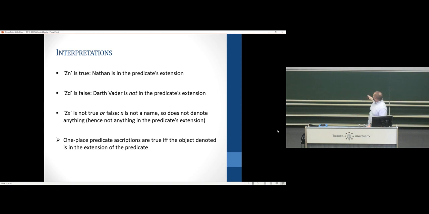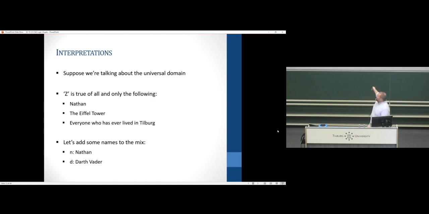So going back, given this setup, is for all x, Zx true? No. There's a whole bunch of things that aren't in the extension of Z. Darth Vader, for example, is one. But is there an x such that Zx true?